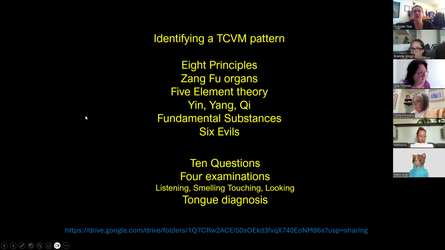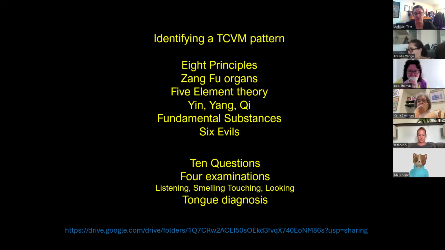We had a pretty good look at yin and yang and qi, the fundamental substances of Jing and blood and Shen and Jin-Ye, the thin body fluids, and then also the 6 evils, wind, dry, damp, and so on. And so now that we have that knowledge, we're going to incorporate it into recognizing TCM patterns on your patient.